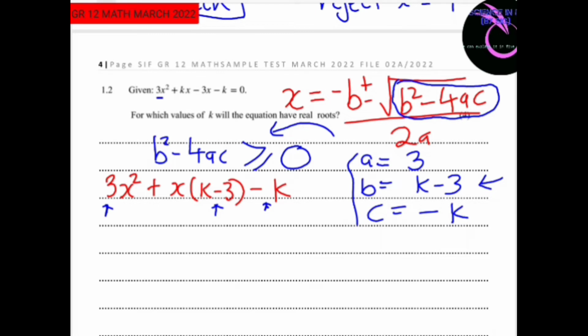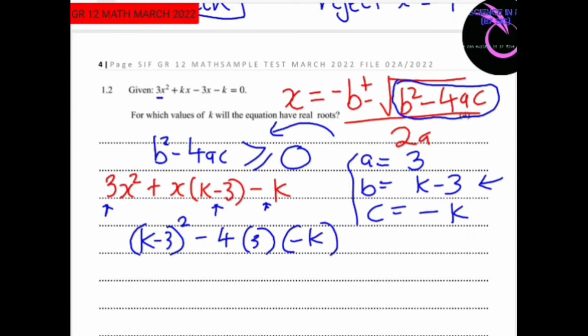Otherwise, b squared minus 4ac becomes difficult to simplify. So let's run with b squared minus 4ac, also called delta, the discriminant. b squared is k minus 3 squared, minus 4 times a, which is 3, and c is minus k.